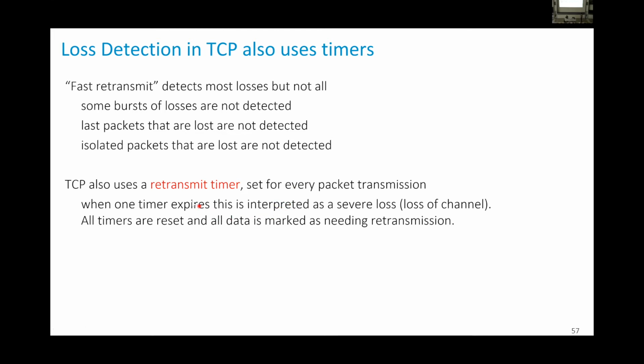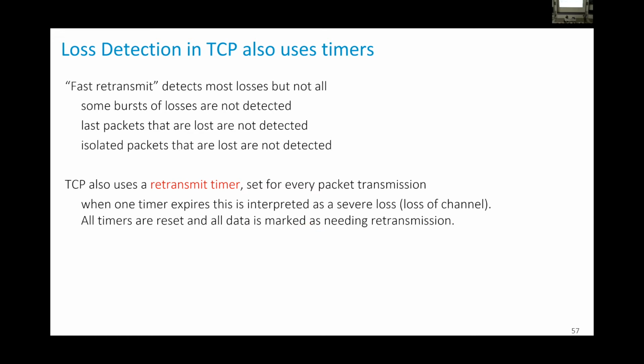When a timer expires, worse than that, there's a further heuristic that most versions of TCP will consider: because I have other heuristics to detect losses, when a timer expires, it is something bad that has happened. So typically, when we do that, we declare that there's a severe loss, loss of channel, for example. All timers are reset and all data is marked as needing retransmission.